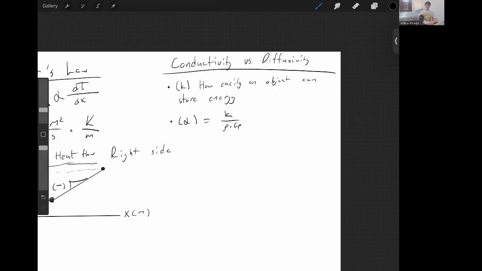Or its heat capacity: if its heat capacity is high, as the energy stores through, it's going to take longer for that energy to come through, because the individual molecules can now store more heat in their system, thus making it take longer for it to spread. So, diffusivity uses conductivity in its calculation to determine how long it will take for an object to heat up or how quickly the heat will travel through a system.